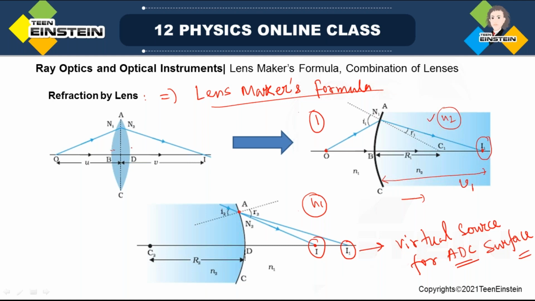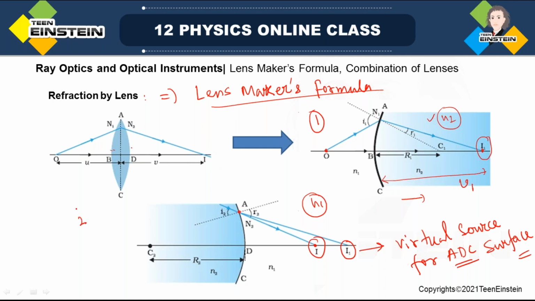I hope you have understood this. Now we'll go to the mathematical part. I'll just repeat this once again. When we are studying the formation of an image by a lens, it has two surfaces, so light will be refracted twice.